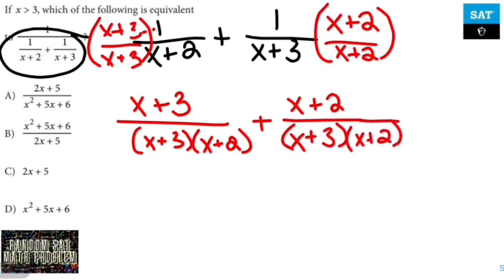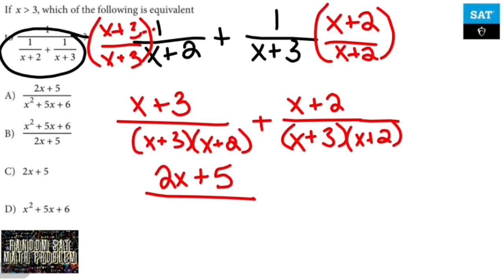The reason why I did this is now I have common denominators and I can just keep the denominator the same and add the guys on top. So when I add the guys on top, I get x plus x, which is 2x, and I get 3 plus 2, which is 5. On the bottom, I have x plus 3 times x plus 2.